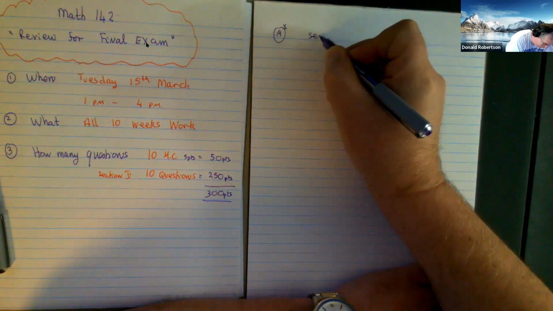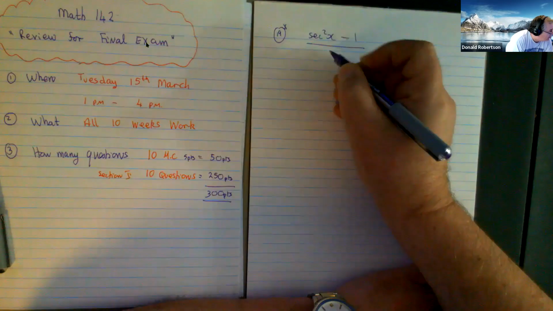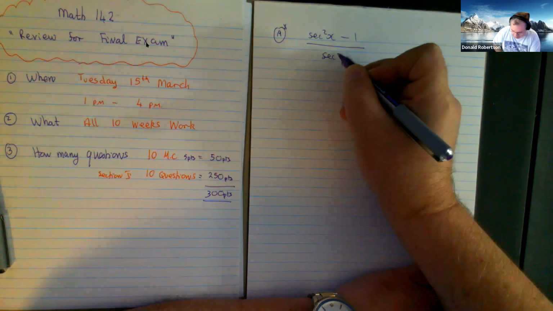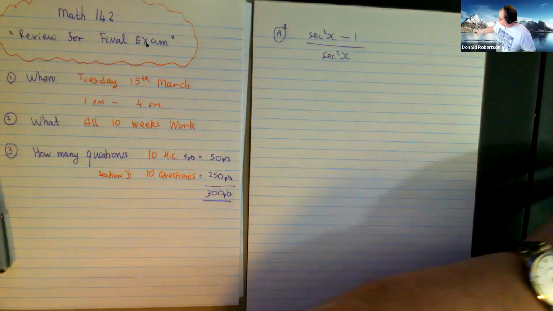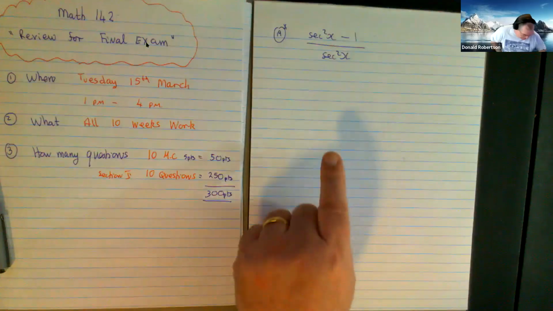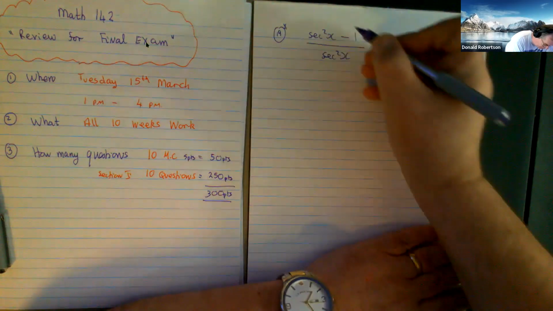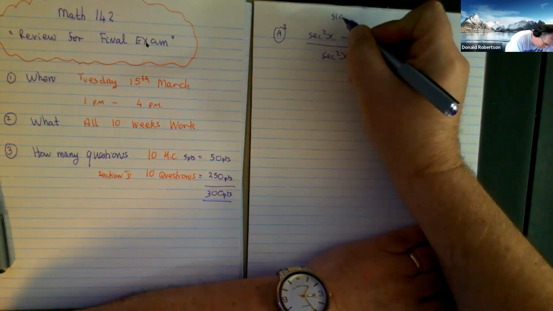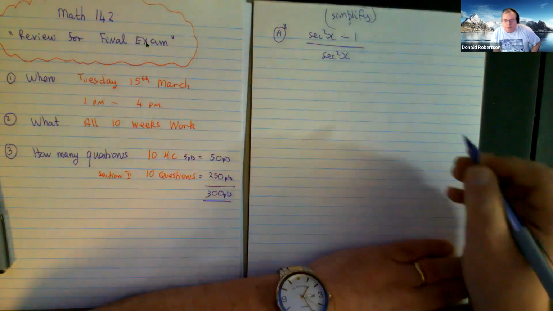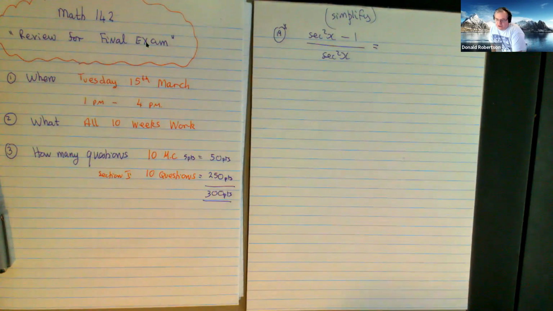Secant squared x, take away 1, all over secant squared x. In identities and in this question here, we're being asked to simplify. You're using the same strategies, the same techniques. One useful technique is turn everybody into sines and cosines. That's a good starting point.